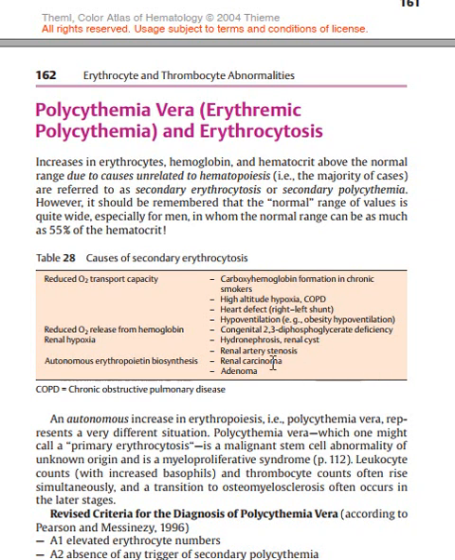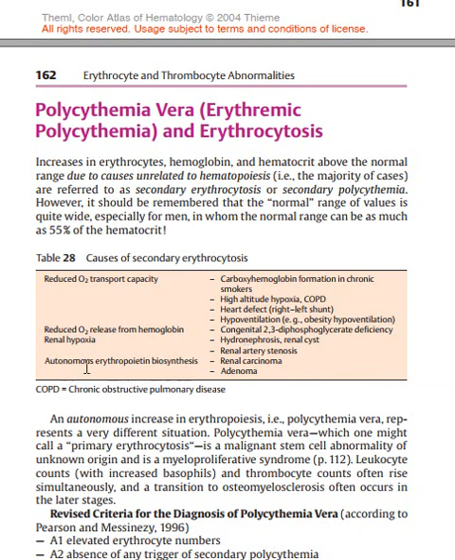So renal hypoxia may come because of a renal cyst, which may result in polycythemia. You can also have polycythemia due to hydronephrosis, because it is going to cause renal hypoxia. It can also be due to renal artery stenosis, which also results in polycythemia.